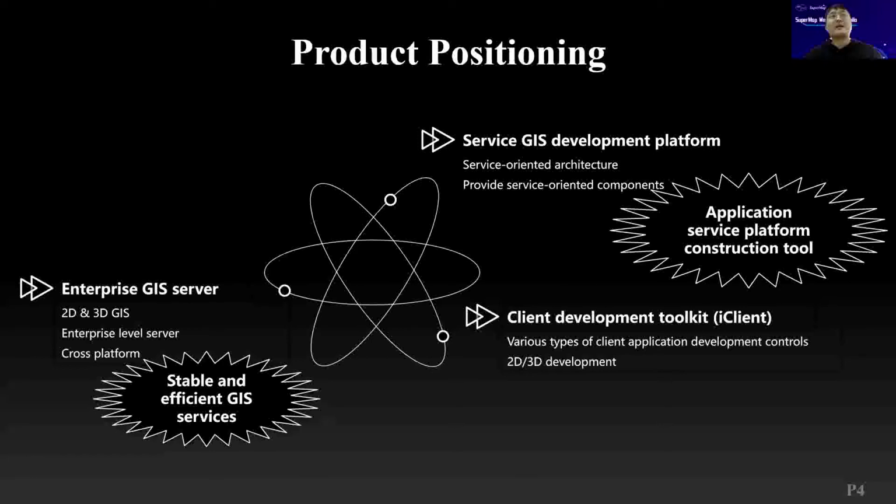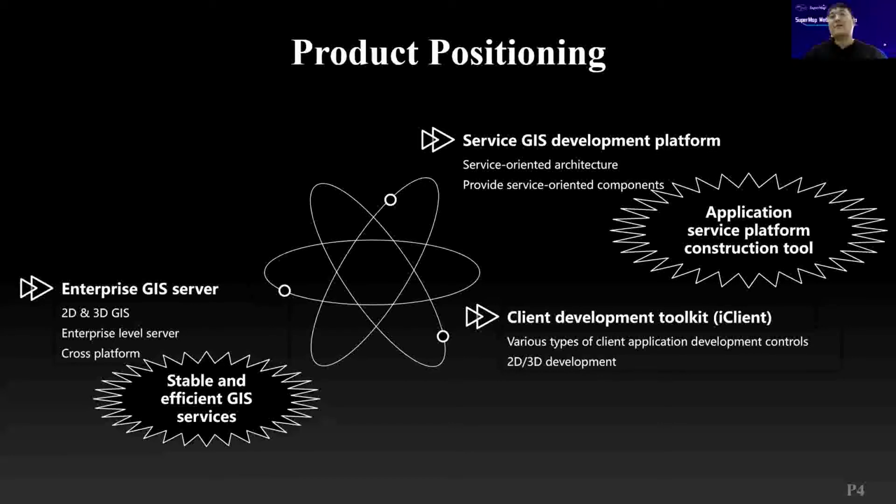Such as if I have data that is not related to GIS, but I want to integrate it with the GIS spatial data, and I still want to use iServer to publish it as a REST service. So we can do some extension development based on iServer. It's very easy, and then we can create a new type of service.